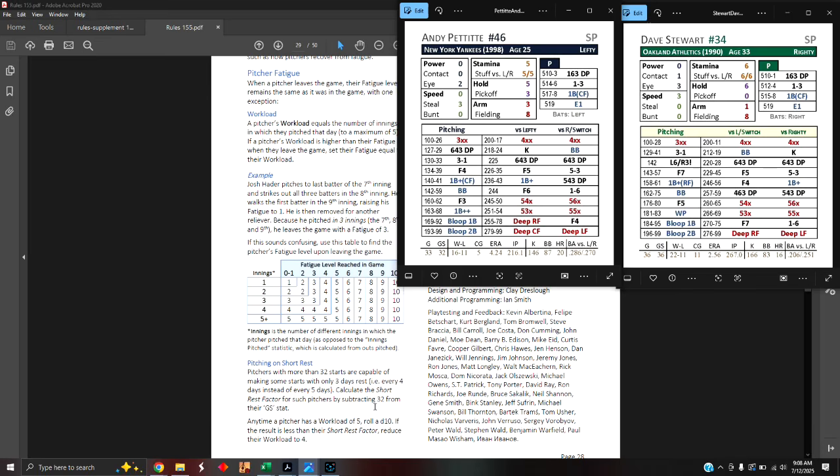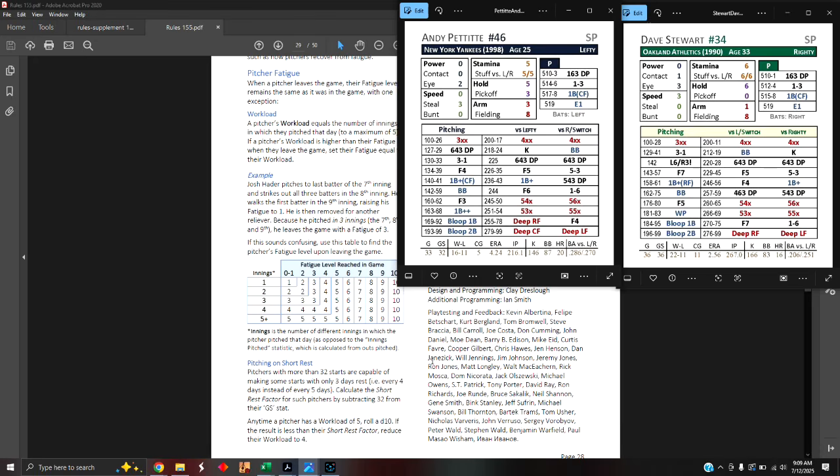Then, when he has a workload of 5, which is usually right after he gets done pitching, you roll a 10-sided die. If the 10-sided die is less than their short rest factor, then their workload gets reduced to 4.